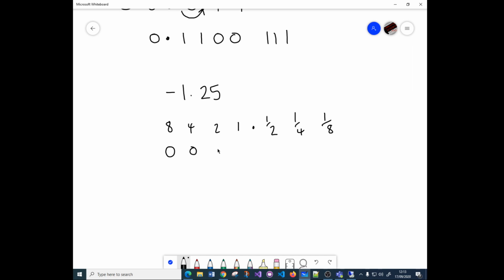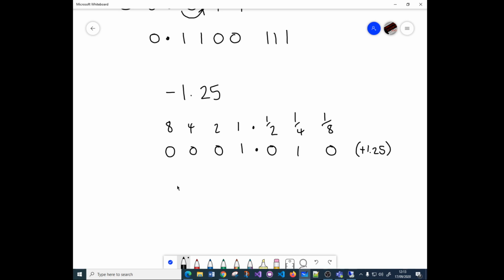So I can probably do this: 1.25, none of them, I'll have one of them, none of them. And whenever we're doing the 2's complement, make sure the examiner knows that you haven't got it wrong, you're in the process. So we're saying that is plus 1.25. Then I just do 2's complement on it. I'm not doing anything magic, I'm just doing the same thing. It's just a pattern of bits to me.